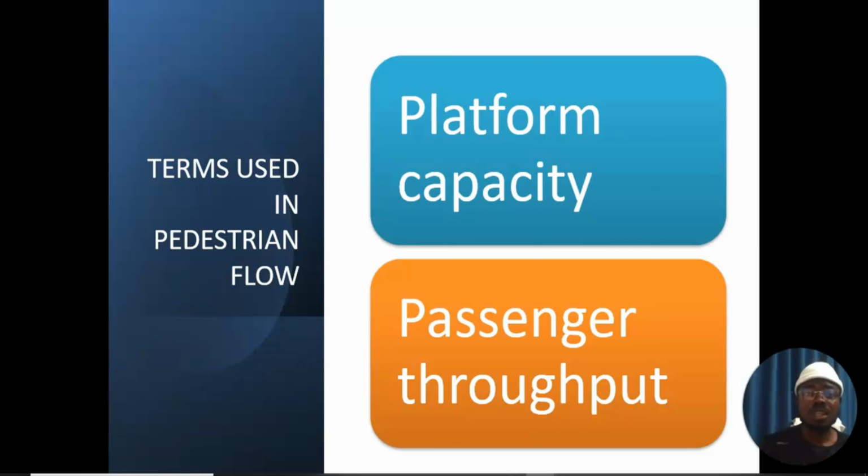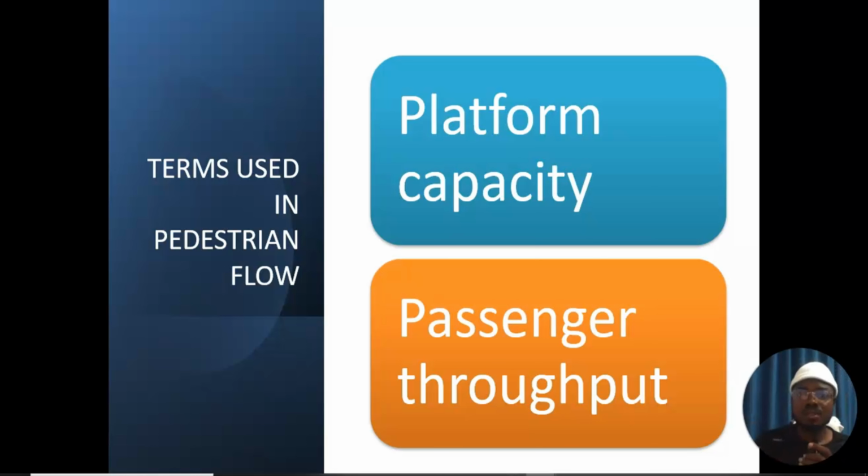So it is very important to know the platform's capacity, then plan towards having a certain number of passengers within that platform at certain times, in a way whereby it will not exceed the maximum number within that capacity.